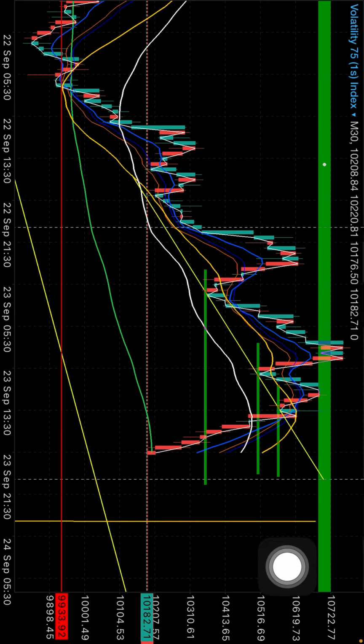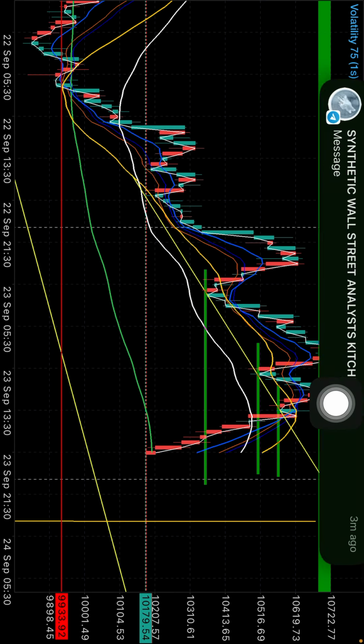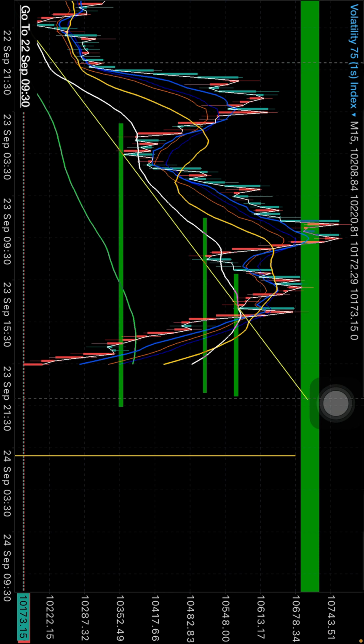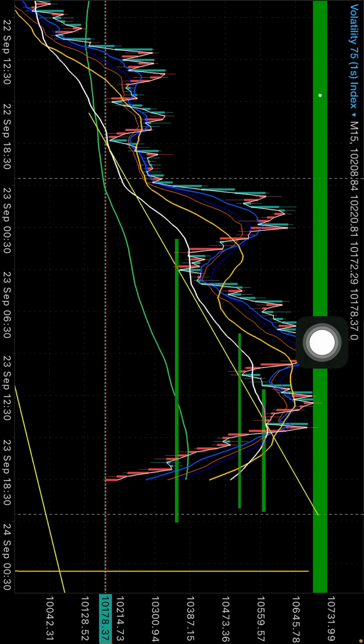Because why? The market did not form a higher high, so sellers are now stepping into the market, right? Sellers are putting on their gears to push this market down, which is going on right now. So the market did not form a higher high. As you can see here, higher highs, then a lower high.